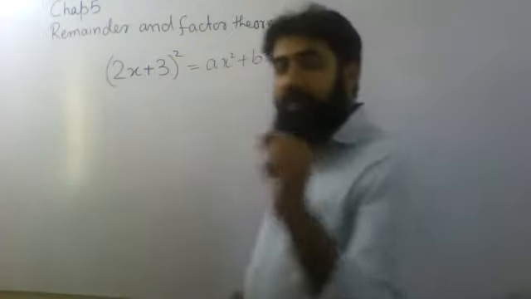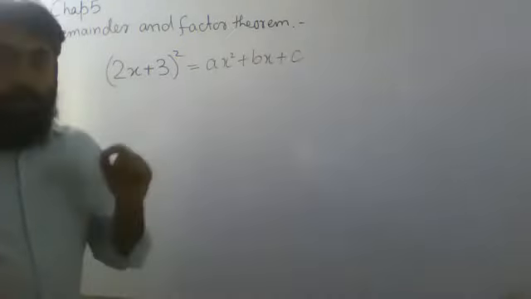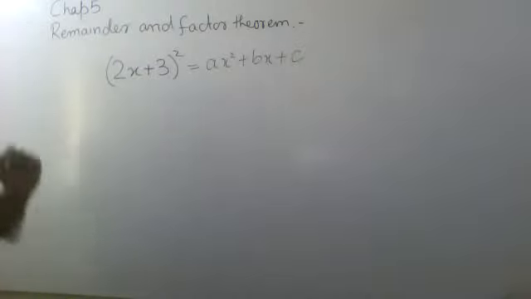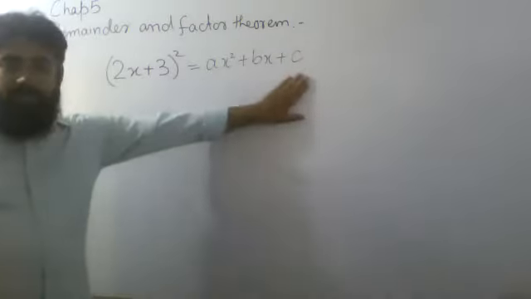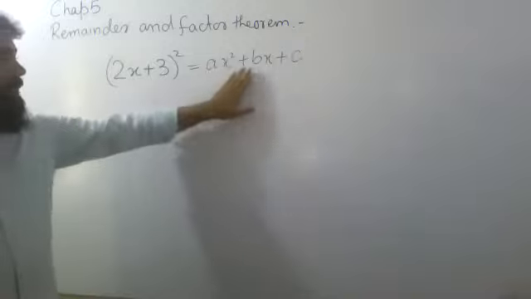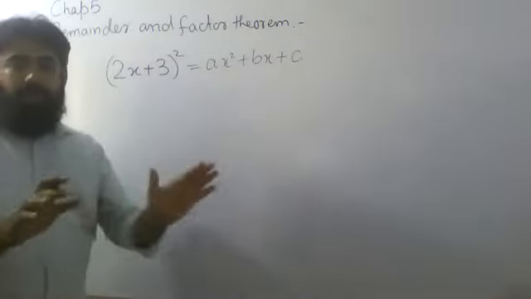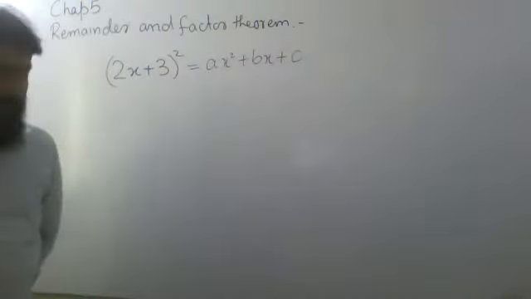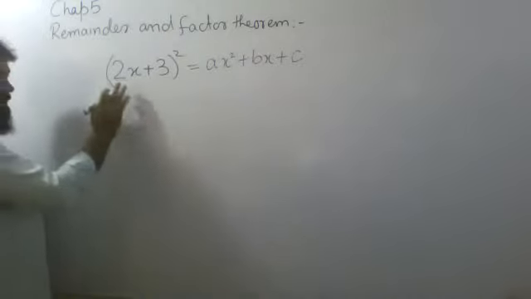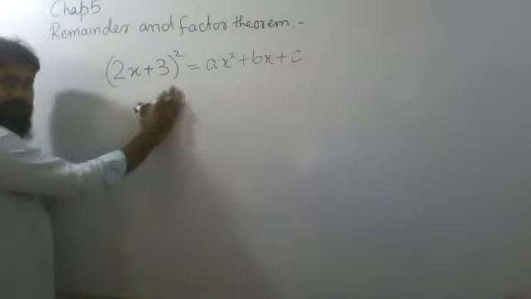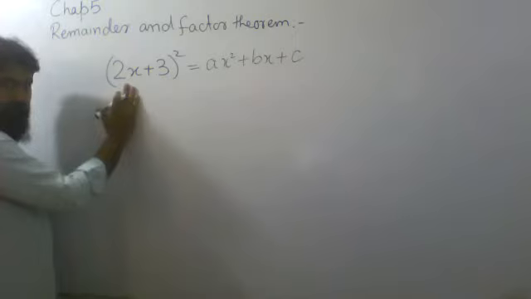So how will I work with this? How will I solve this one? I can't do anything over here with ax square plus bx plus c. But I can expand this one. Okay.